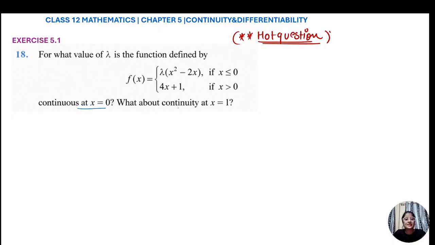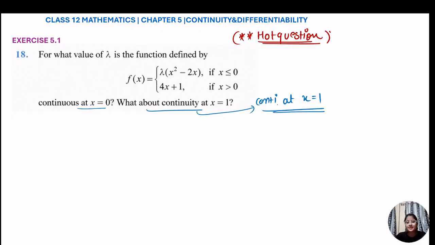I will just give you the answer: it is continuous at x equals 1. This is homework for you. You will do the calculations. It's very easy. You can easily find that the function is continuous at x equals 1.